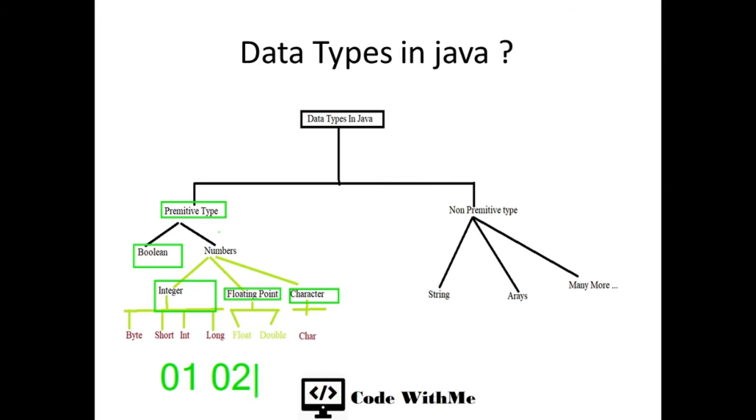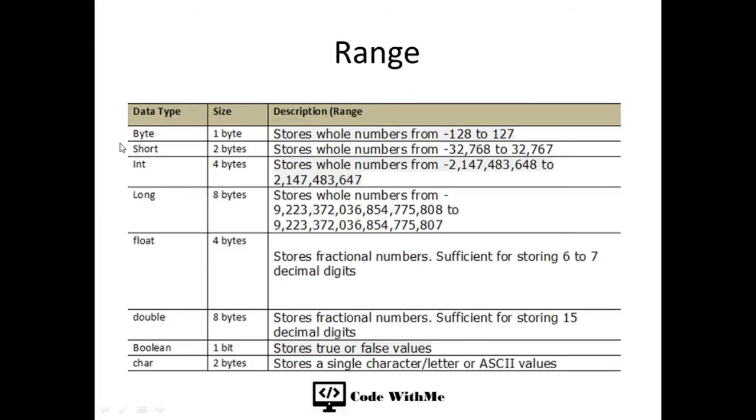So why did Java divide them into multiple types: byte, short, int and long? There is a reason behind it. Let's have a look. Suppose a byte type of data, we can store data with the maximum value 127.